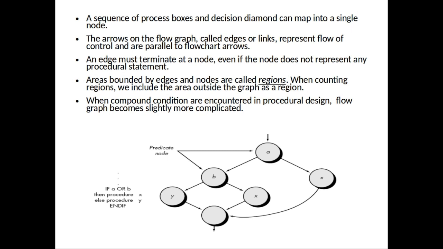Note that a separate node is created for each of the conditions A and B in the statement if A or B. Each node that contains a condition is called a predicate node and is characterized by two or more edges emanating from it.